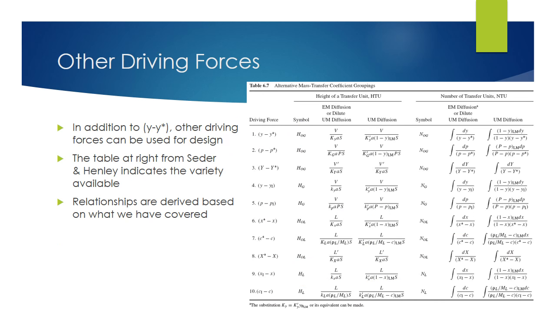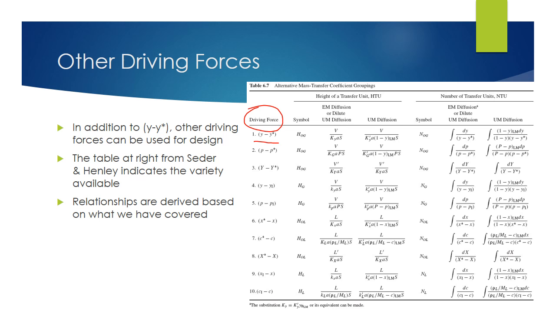And then finally, I want to conclude with this table, which describes other types of driving forces. This shouldn't overwhelm you. It's basically the same concept being applied to mass transfer in different phases. What's shown here are different driving forces. The one that we used was y minus y star.